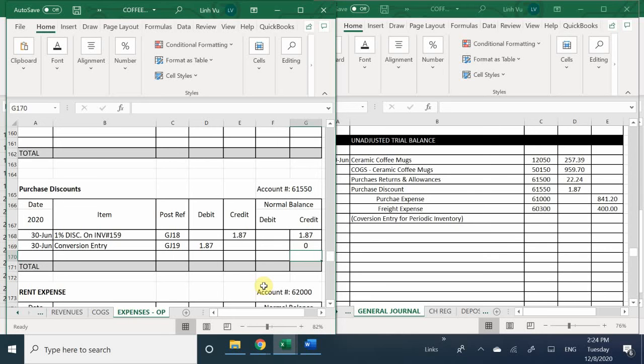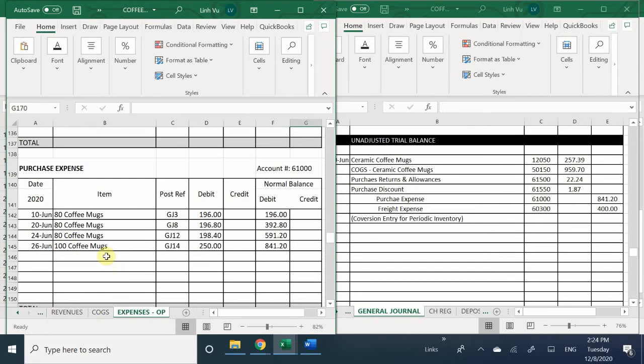So that account is now 0. Now we're going to scroll right up for our purchase expense. All right. So again, same date. Conversion entry. 18.